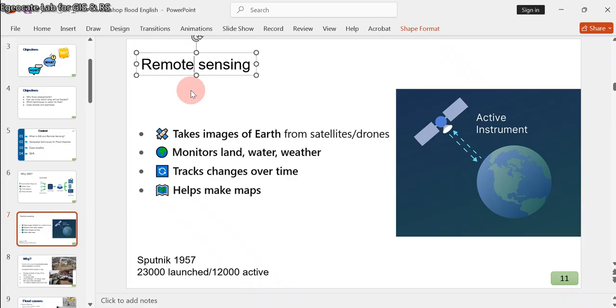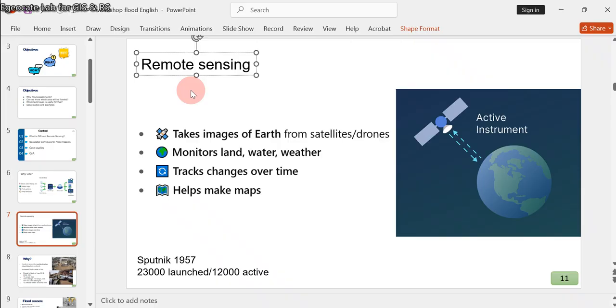Remote sensing is a science of collecting data using, for example, satellites, drones, or airplanes, and these imagery, which we mainly call satellite images. For geomatics engineers, these images are data.